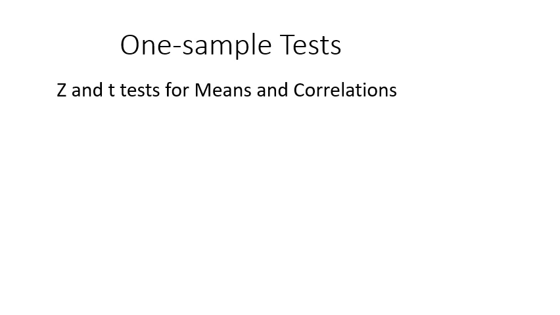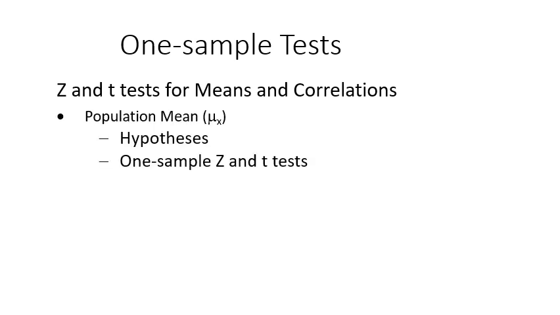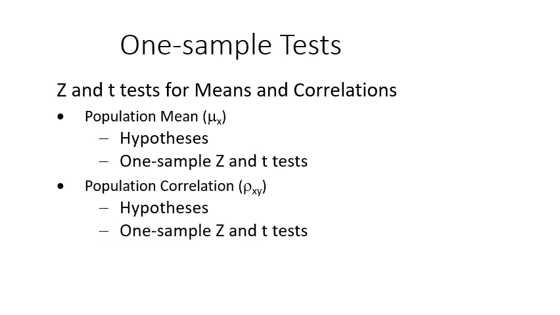So for means, we're going to look at the population mean, we're going to look at hypotheses, and then we'll look at one sample z and t tests for means. And then we'll look at correlations as well, look at the hypotheses there, and the one sample z and t tests for correlations. And as I said already, the correlation test also works for proportions.